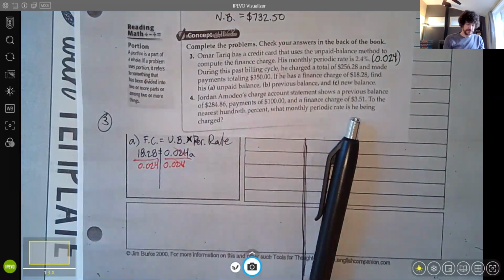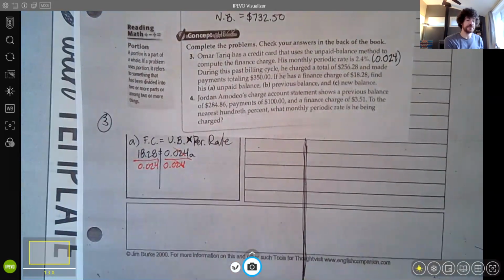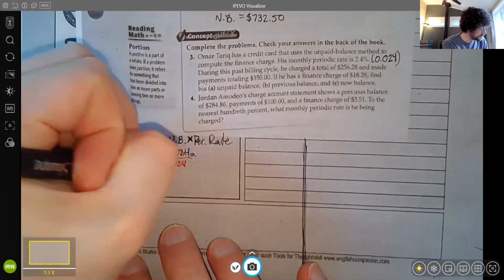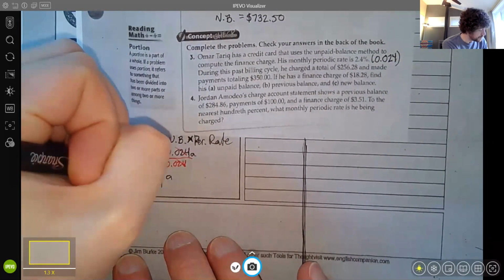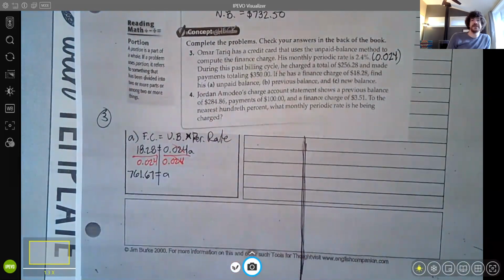So we end up with $761.67. So unpaid balance, $761.67.